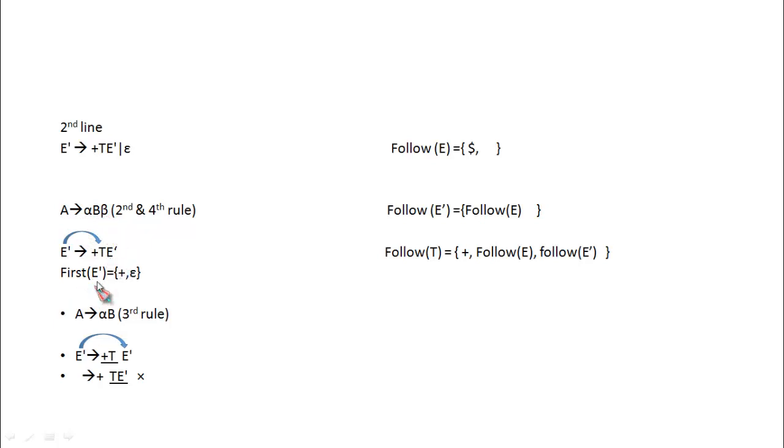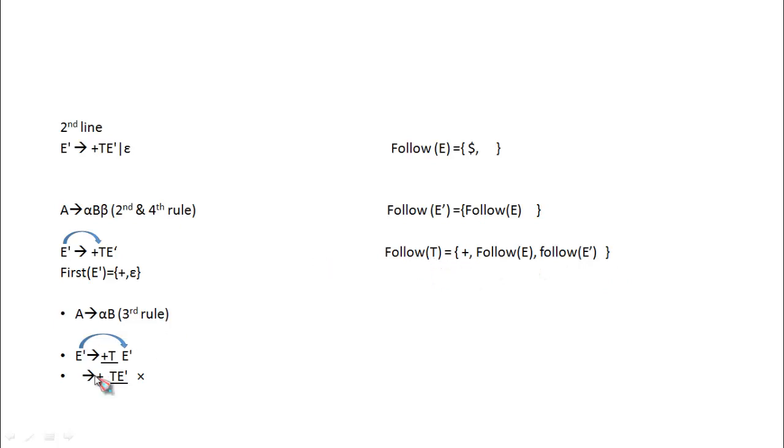So the first of E prime is plus and epsilon, so plus is put in follow of T, that means beta. Again we find epsilon, so we follow the fourth rule and follow of E prime will be placed in follow of T.